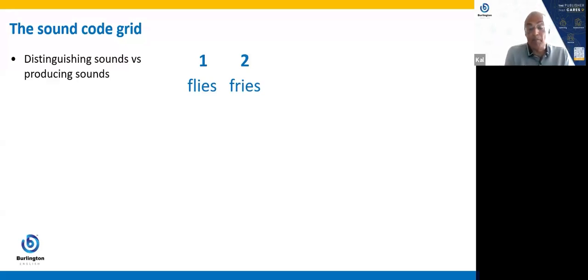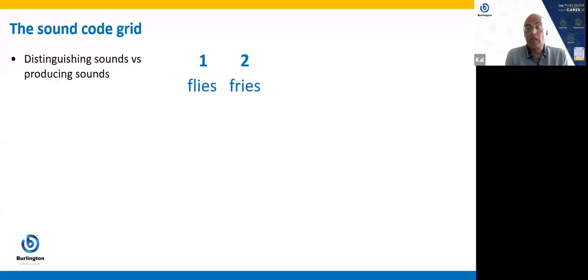So a good one to do is a binary code system. So if I allocate 2 numbers, number 1 to a word like flies, and number 2 to a word like fries, I will just say to the students, can you tell me which number am I spelling? And I would just say those 2 words.